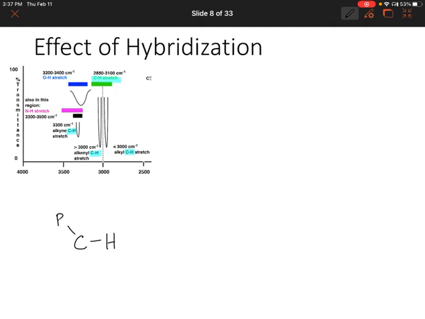So let's say we have a carbon that's bonded to hydrogen and 3 alkyl groups. And then let's say we have a carbon bonded to hydrogen with a double bond, and then another alkyl group. And last, let's look at a carbon that's bonded to hydrogen and also has a triple bond with some alkyl group.